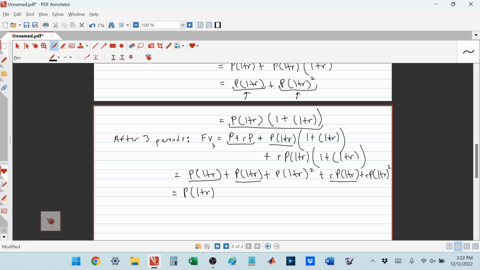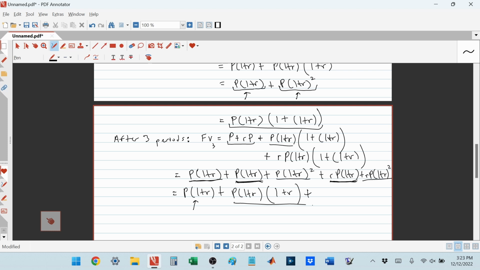We have this term here, and then those two terms, this one and this one, let's factor out the P times (1 + r), and then we have 1 + r here, like this. So this is these terms added together. And we already have this term right here. Now we need these two terms added together.